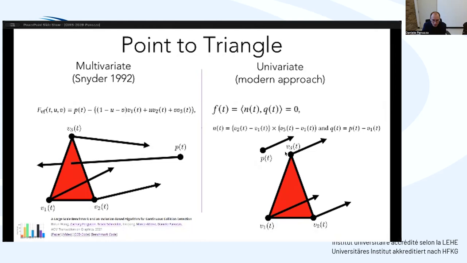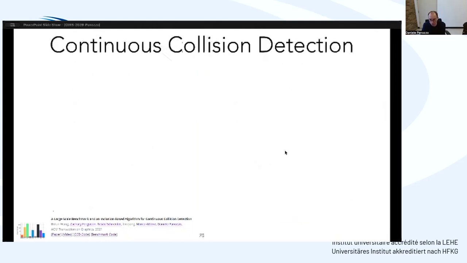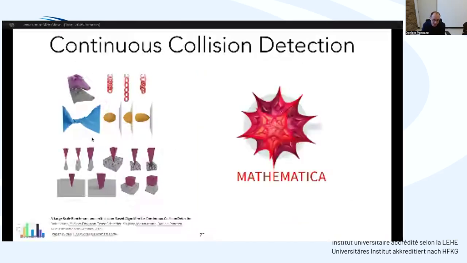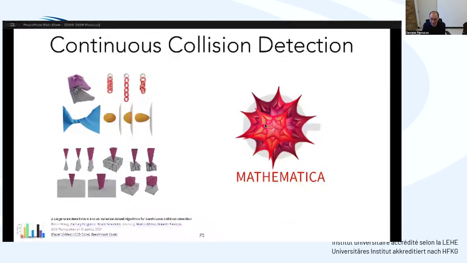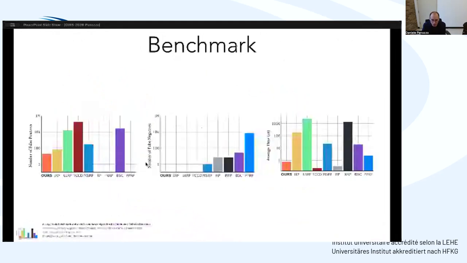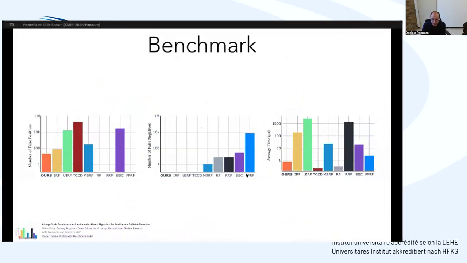And our discovery is that it's very hard to do. So we took millions of queries. For each one of these, we computed an algebraic solution using Mathematica. This is completely impractical. It takes a few seconds per query, but this was only to get some ground truth we could actually check all the algorithms against. And what we discovered is the following. All the methods that use the univariate formulation miss collisions.